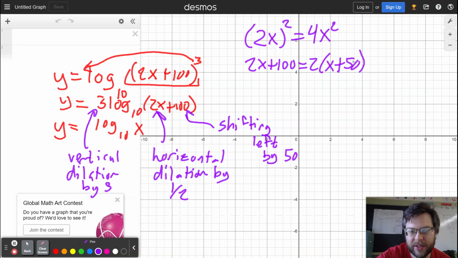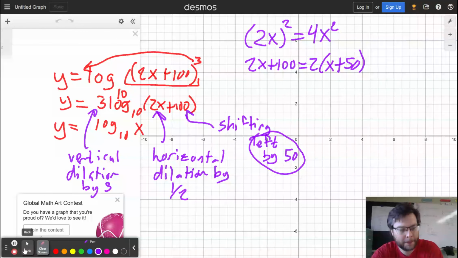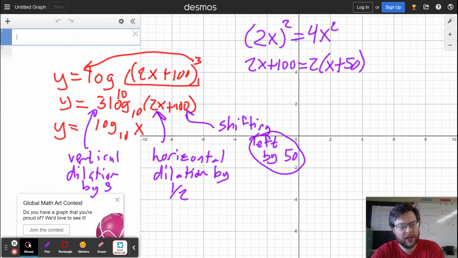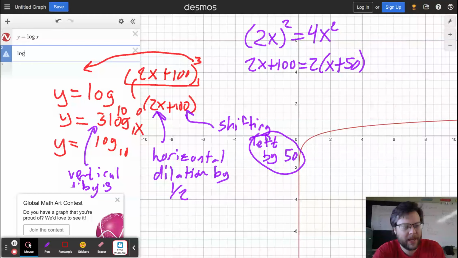And when we factor things, we often think about what number would make the inside parentheses equal 0. And that's why we get a shift left by 50, because it would take a negative 50 to counteract the x plus 50 in the parentheses. So if it's been a while since you've done function transformations, that probably felt like a lot of information. But if you're familiar with it, that should feel like things you've done before.